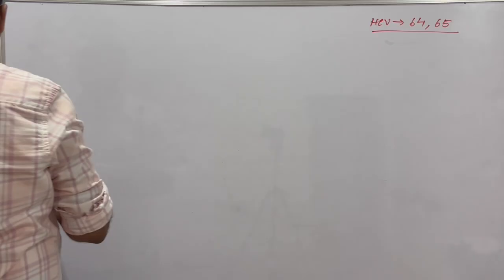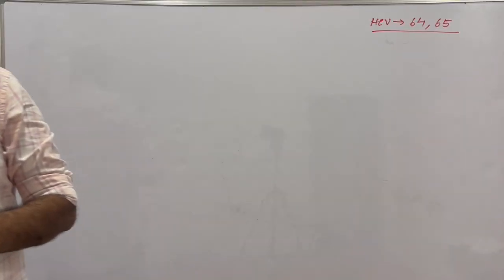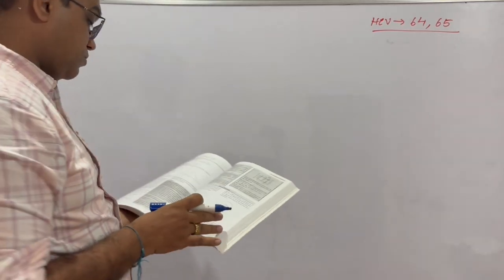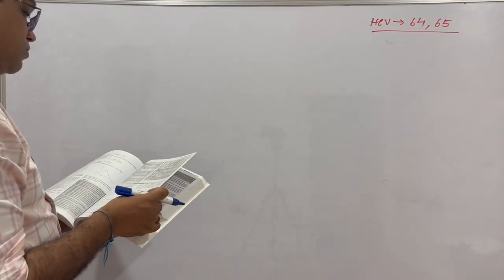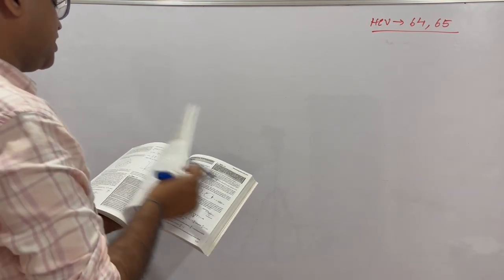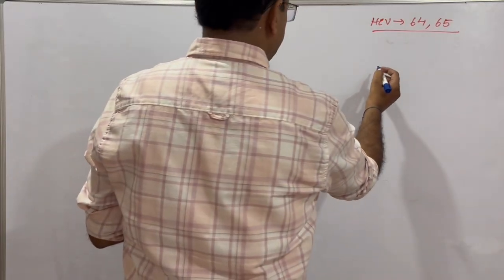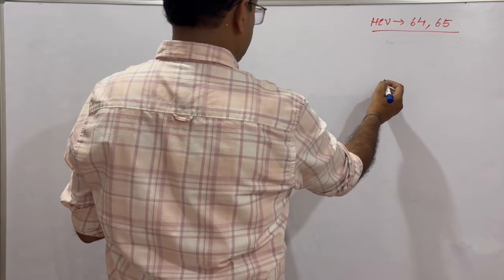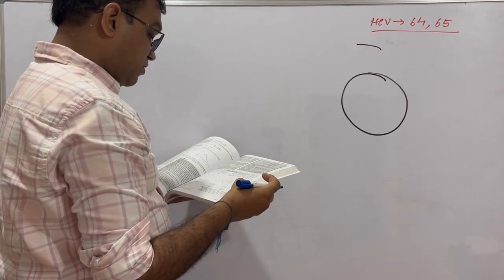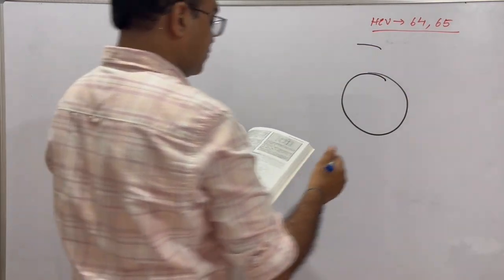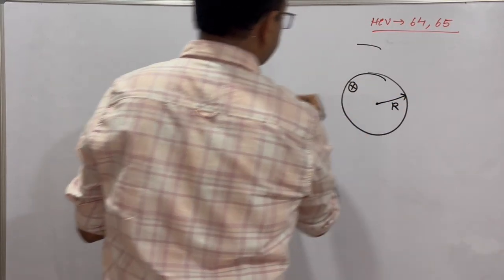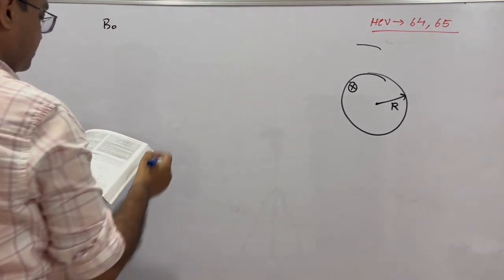Now I am taking one question. This is a nice one. A uniform magnetic field B exists in a cylindrical region of radius R. One cylindrical region is there, here uniform magnetic field B naught is existing.